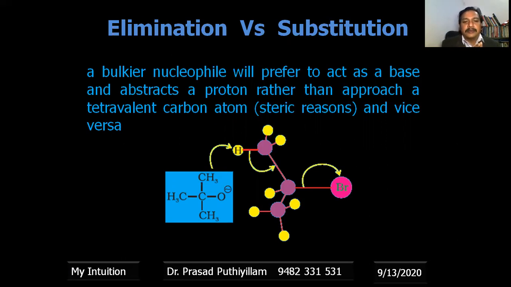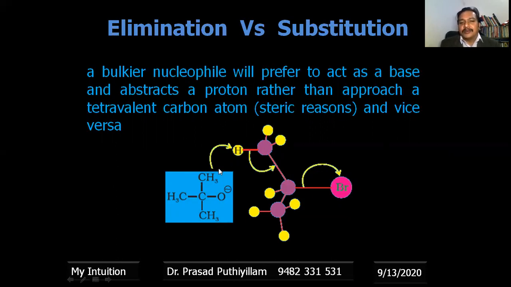Here it is a bulkier nucleophile attacking the alkyl halide or haloalkane. This bulkier group finds it difficult to reach the tetravalent carbon, the carbon connected to the halogen atom, here the bromine atom. Therefore it can easily attack the hydrogen present in the beta position, so usually it undergoes a beta elimination reaction.